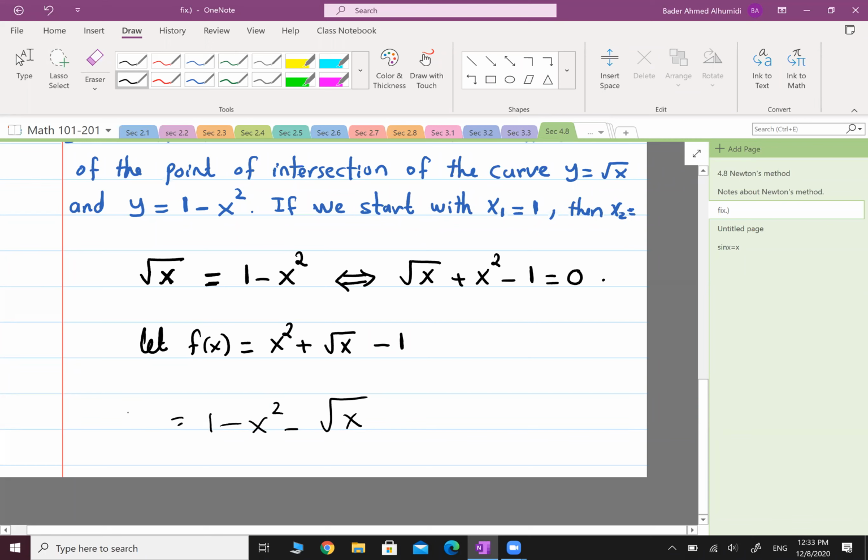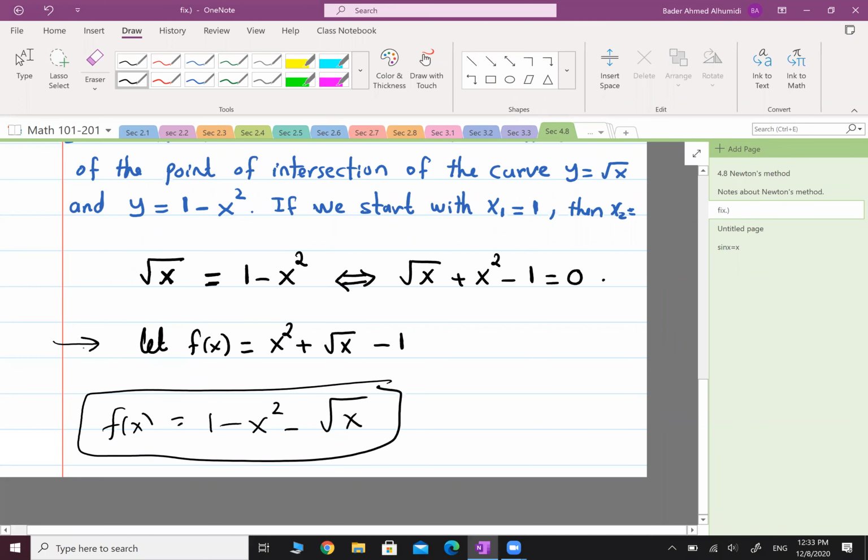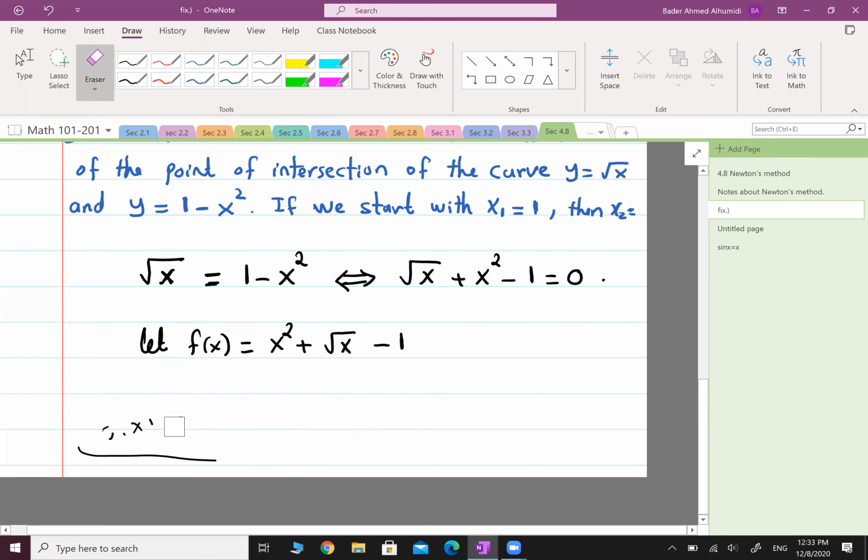Is this one also correct or not? I can write it this way, I can write it that way. Are both of them correct or not? Yes, both of them are correct. It doesn't make a difference if you take the left-hand side minus the right-hand side or the other way around. It will give you the same answer at the end. Okay, fine. This is f of x.